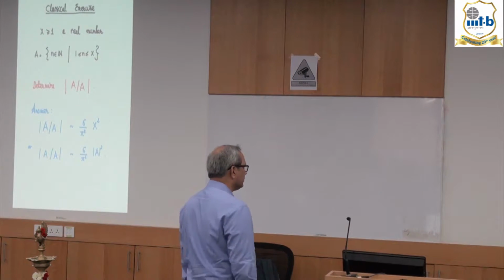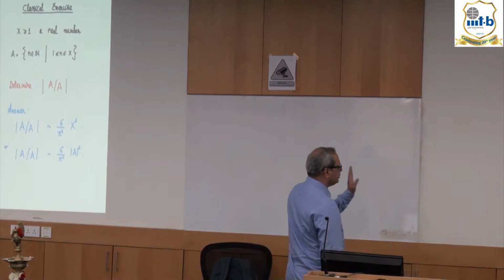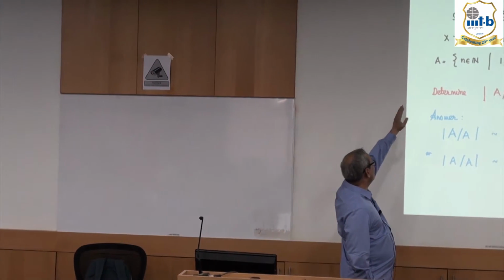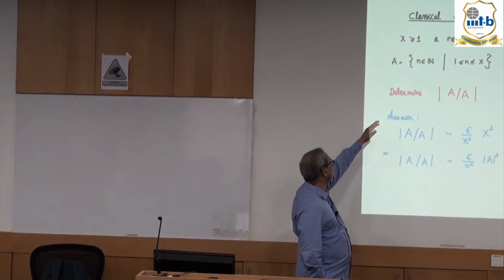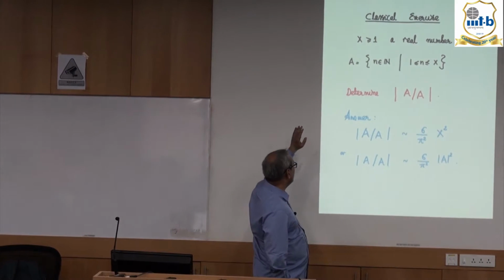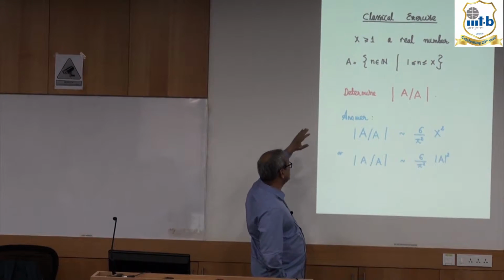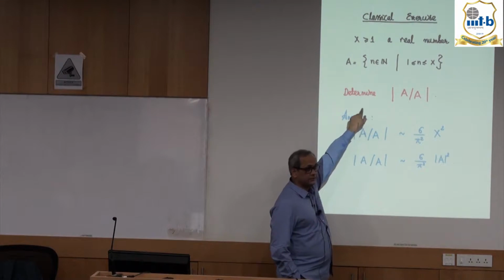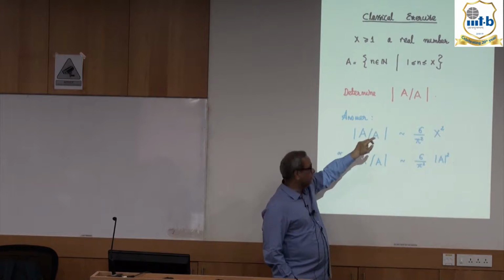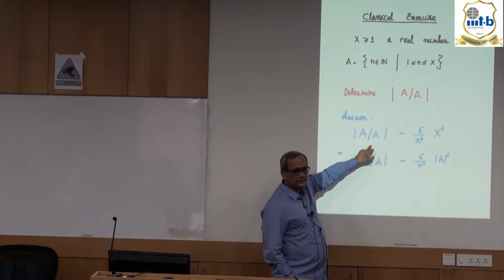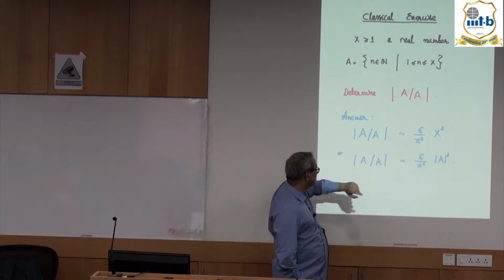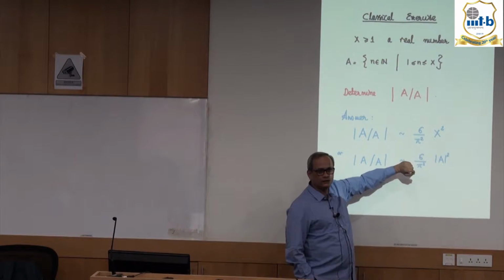And the answer curiously involves a transcendental number as x goes to infinity. So you should always think of x as a large real number. One can have even more precise statements. Nevertheless, you should think of x as a large real number, and A is the set of integers from 1 to x. Then you ask: what is the size of the set of ratios A by A? Curiously enough, this involves a transcendental number here.